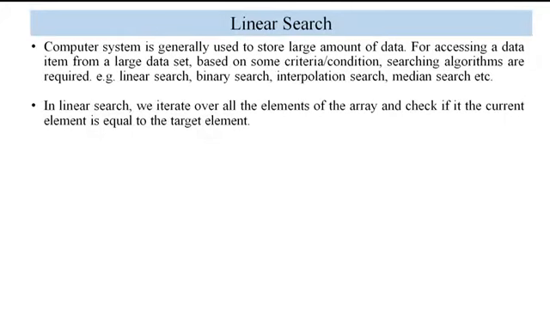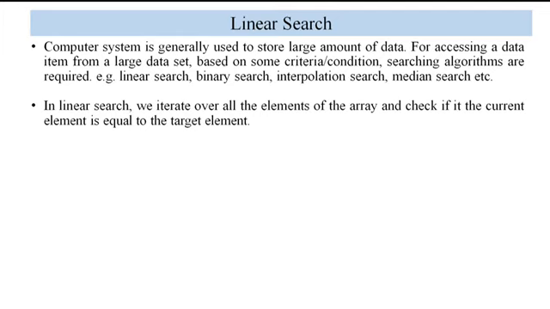We all know that our computer systems are used for storing large amounts of data, and many times we require to search data from a list of records. There are various methods available for it. Linear search is one method. Apart from linear search, we have other methods like binary search, interpolation search, and median search.